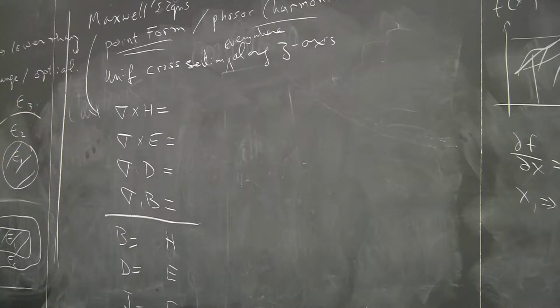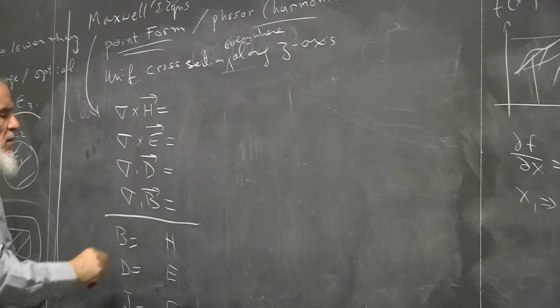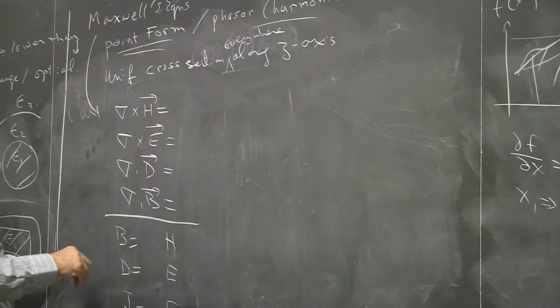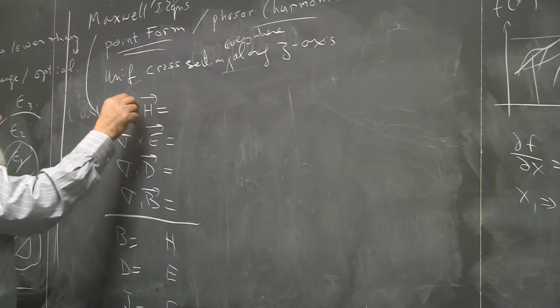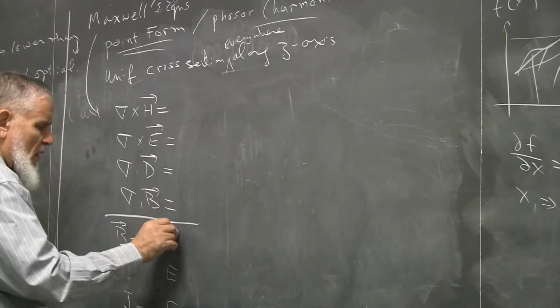All these vectors are phasors, so I should write the arrows here, and whichever way you want to distinguish phasors, writing them as an uppercase is typically what we use for phasors, right? If we use the time domain, we usually use lowercase quantities, but that way they are phasors. And I'm adding the vector signs.